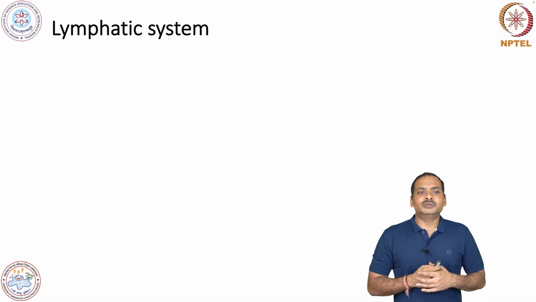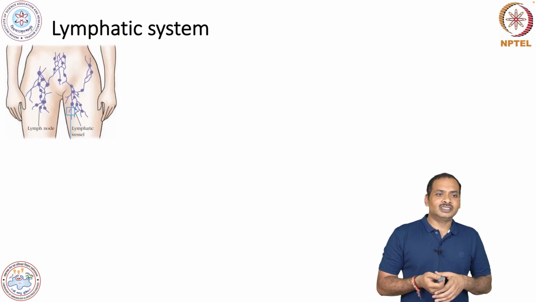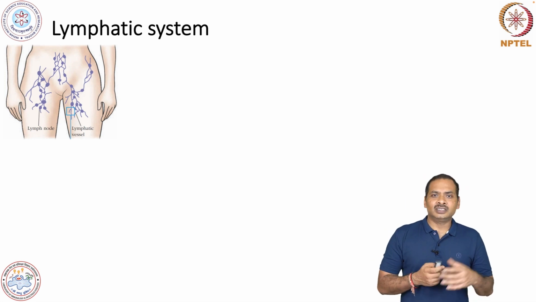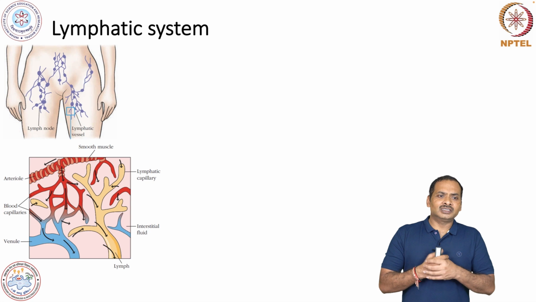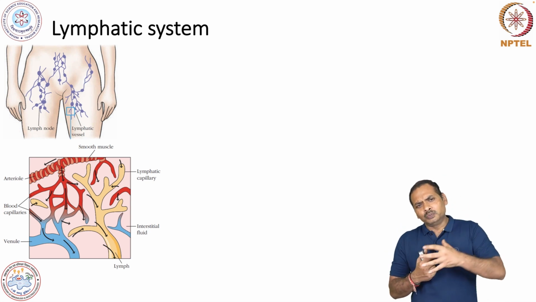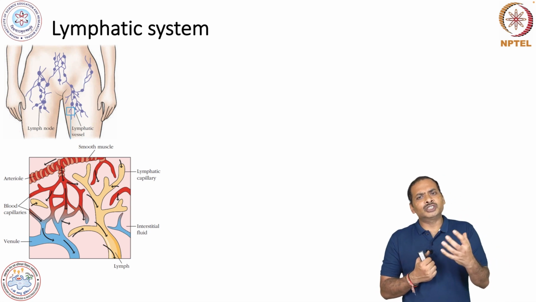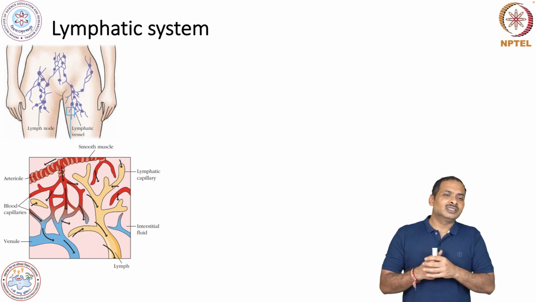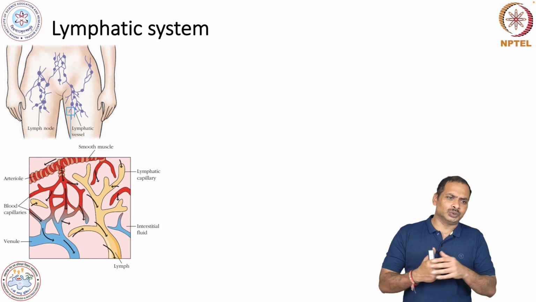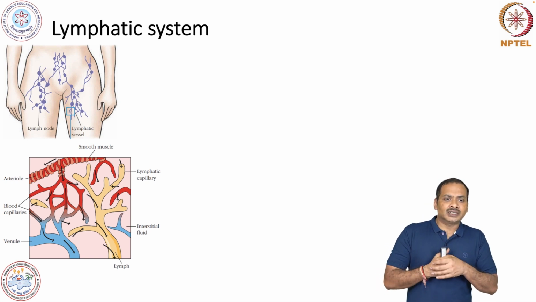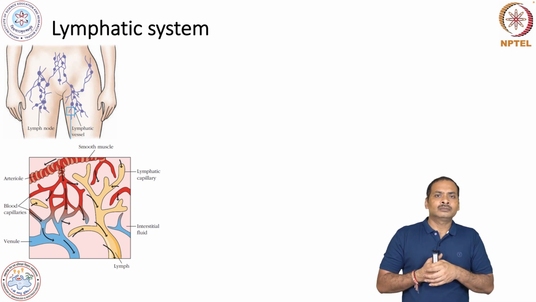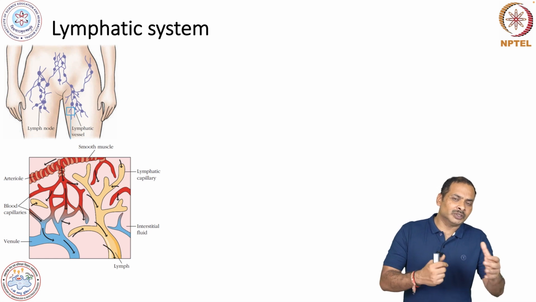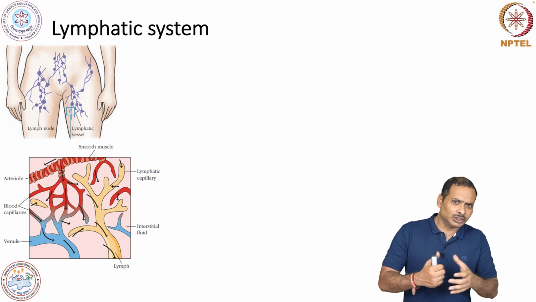So in the lymphatic system, here you can see this is a lymph node. There is a series of lymph nodes present in our body. And what is this lymph? Due to blood pressure, there is some squeezing of fluid, and this fluid is present between the tissues. We call it interstitial fluid.